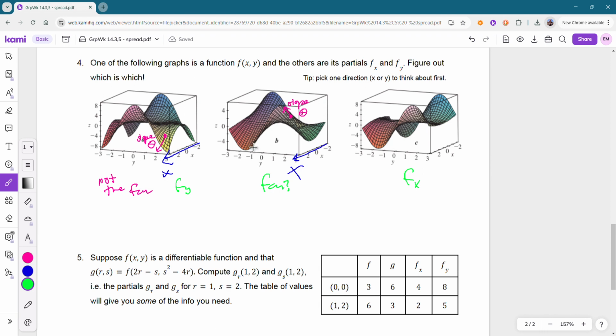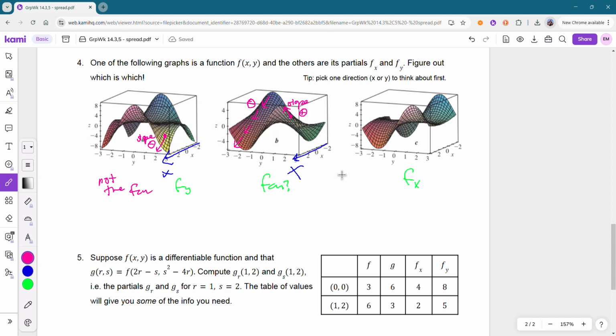Over here, the partial in the x direction would be negative. It'd be negative the whole way through. That's kind of what I'm seeing. If we look at these other points, negative, negative, negative, negative. Sorry, it took me a minute to see how I was going to feel this out. Those are all negative in the x direction.